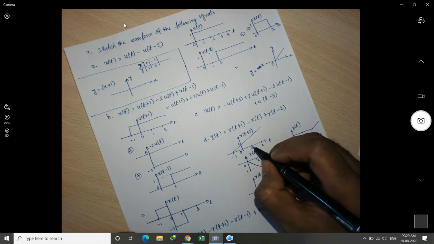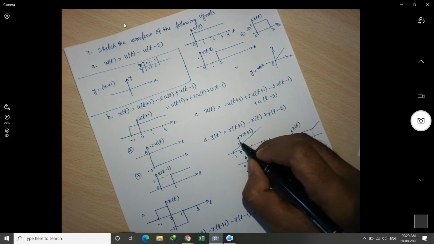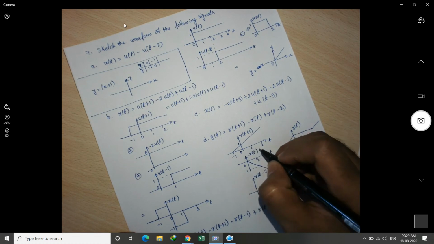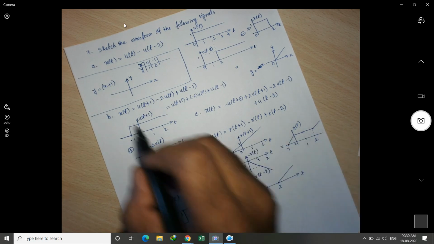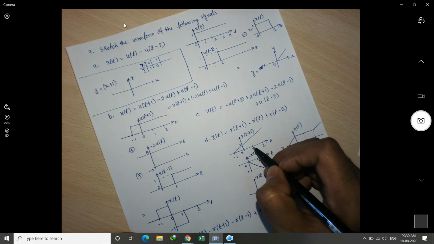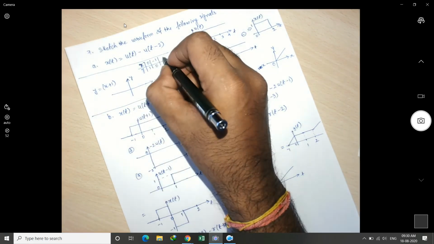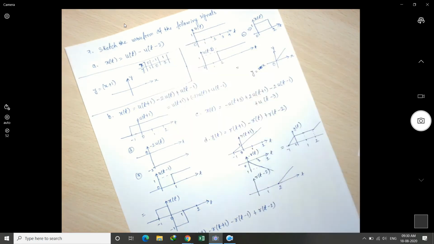Now let us consider what the value is. I'm just trying to find out. If we take t equals 1 at this location, then obviously at x equals 1, y will take the value of 2, right?